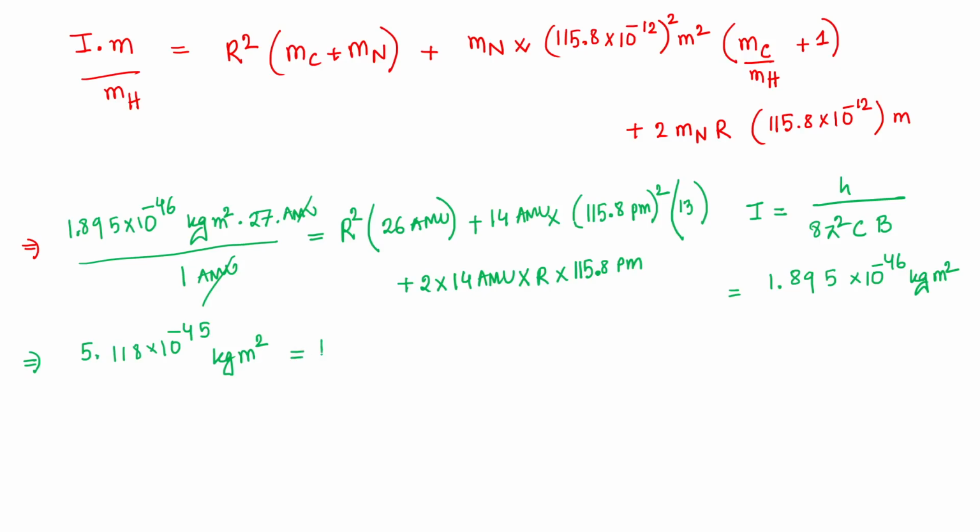On this side we have r square into 26 into 1.66 into 10 to the power minus 27, which would give us 4.316 into 10 to the power minus 26 kg.